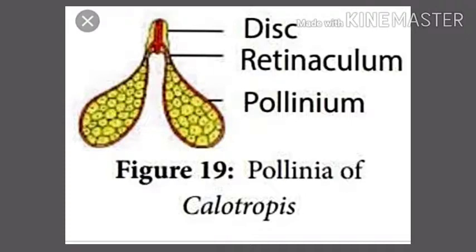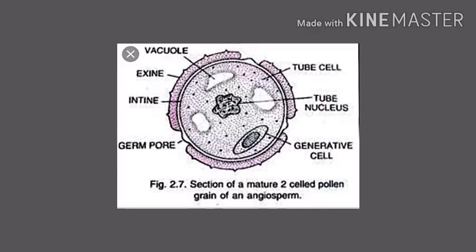Each pollinium has a stalk. The stalk of the pollinium is known as a caudicle. This caudicle ends into a disc called corpusculum, and this corpusculum is attached to the gynostegium of this Calotropis flower.